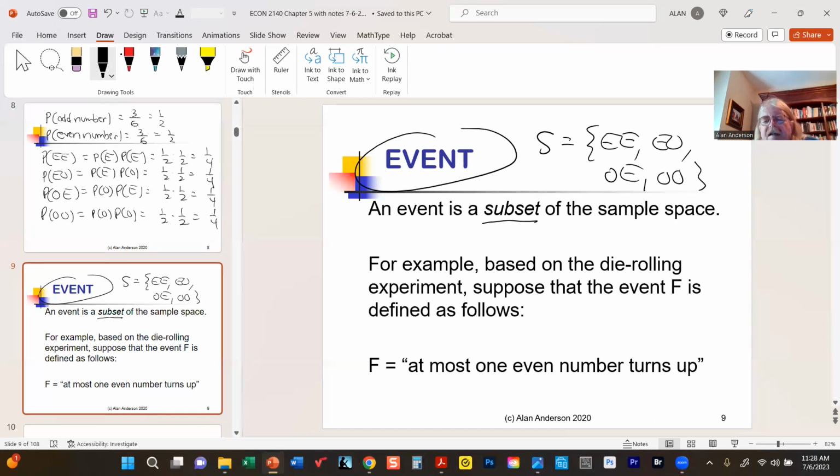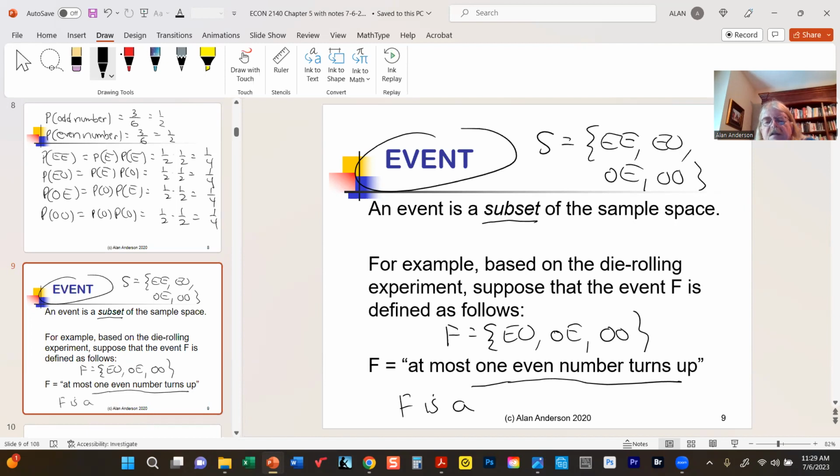I want to define an event, so I've chosen at most one even number turns up. So that means we're looking at the outcomes EO, OE, and OO. Because in each case, there's either one or no even numbers. You notice F is a set. Specifically, it is a subset of the sample space.